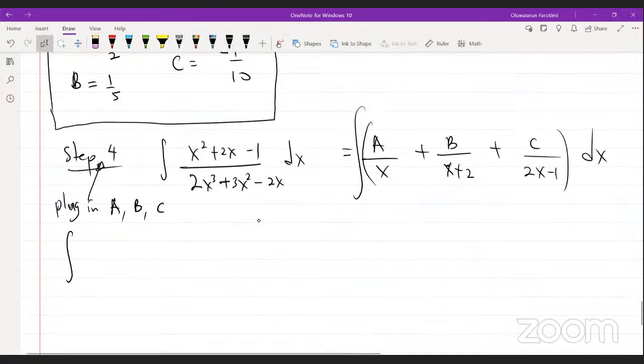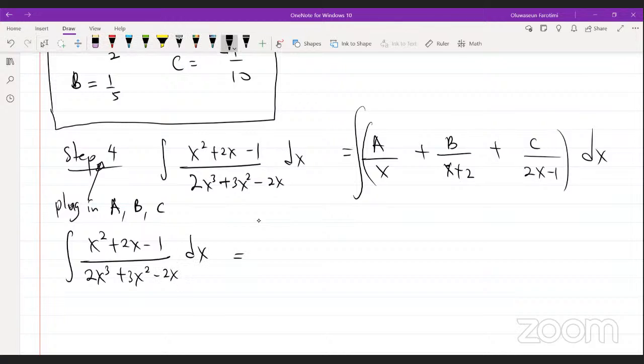So if you do that, guys, that means you have (x squared + 2x - 1) divided by (2x cubed + 3x squared - 2x). This is just the left-hand side, right? Integral. But what is A? A is 1/2. So apparently, that means I have a 1/2 on the top, 1/2 here.